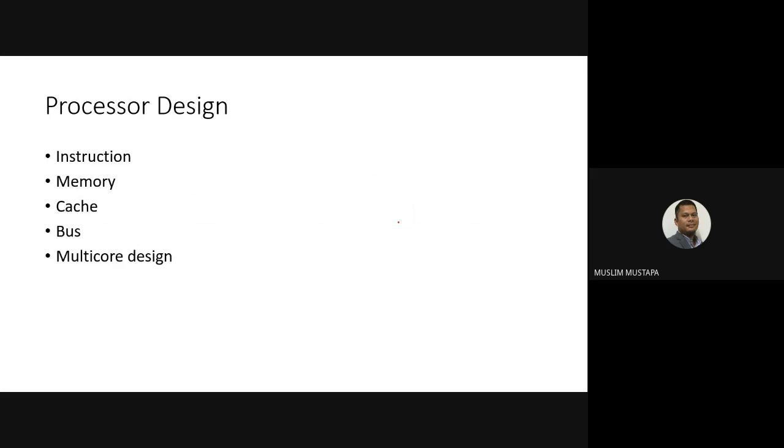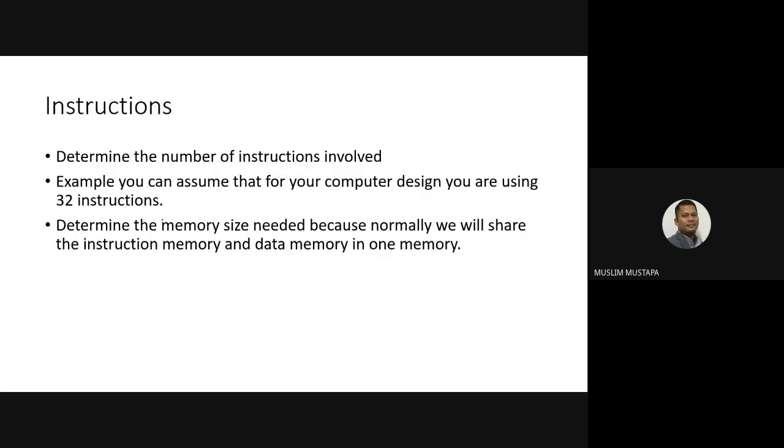So that is what determines how they design the processor. RISC has a different architecture, and CISC also has a different architecture. Right, then memory, cache, bus, and also multi-core design. Okay, let's go into instructions.